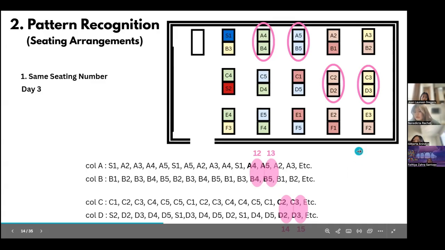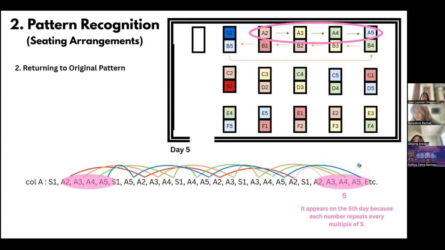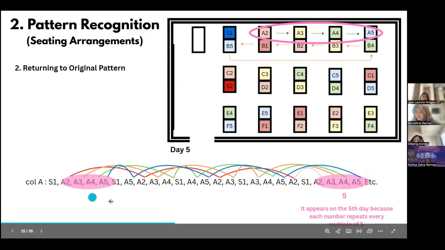Let me introduce myself again. My name is Fatia Zahra Santoso, and from here we could move on to the pattern recognition. We divided it into 4 different variations. The first one is the same row number. It's identified from the row number where the upper and the bottom one are placed at the same position. The next one is returning to the original pattern, where the day 1 pattern would repeat at the 5th day.